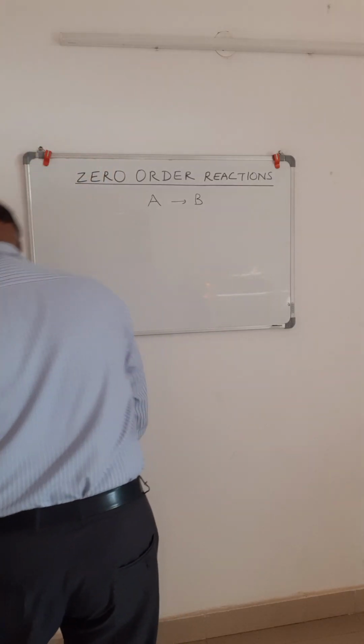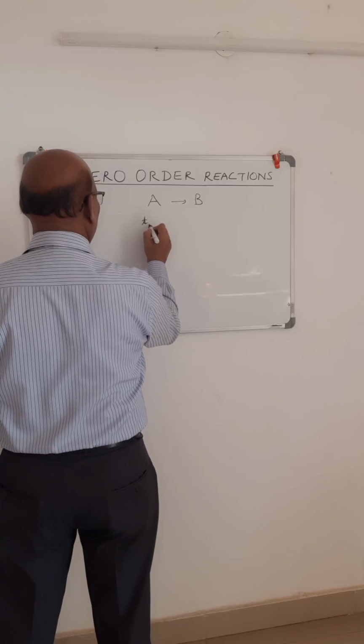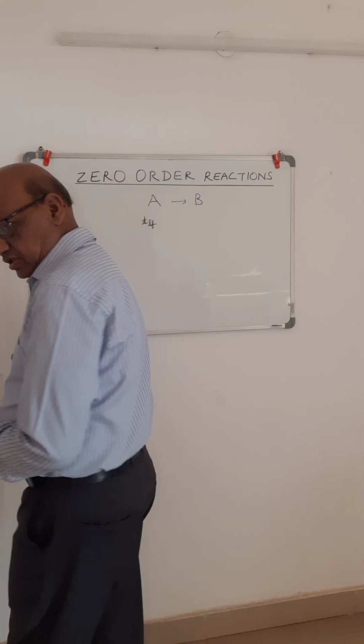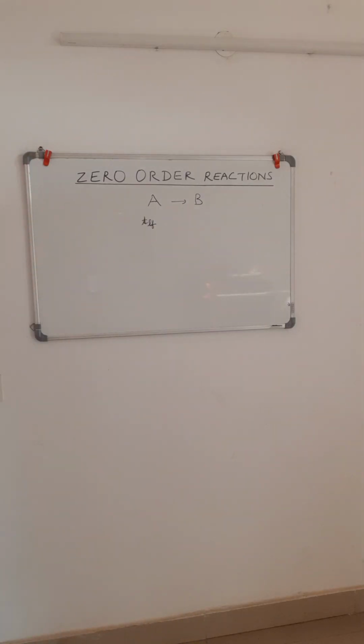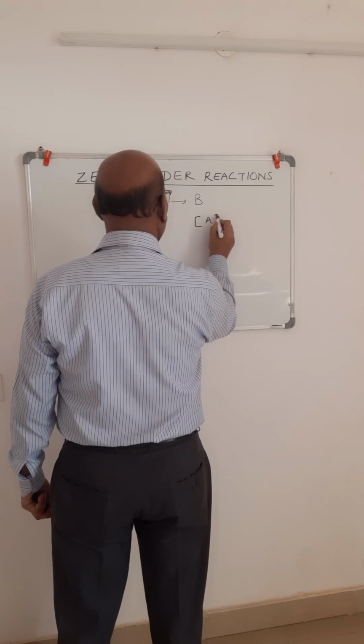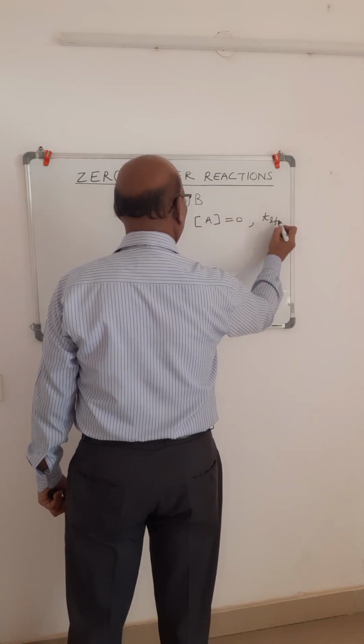Now let us find t lifetime. What is lifetime? That is when this reaction is 100% complete. That means when remaining concentration of A will be 0, then t is known as t lifetime.